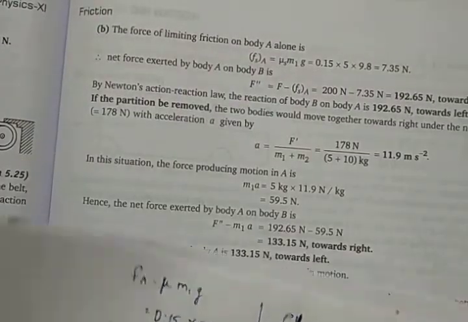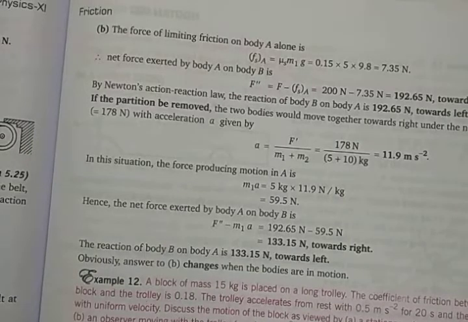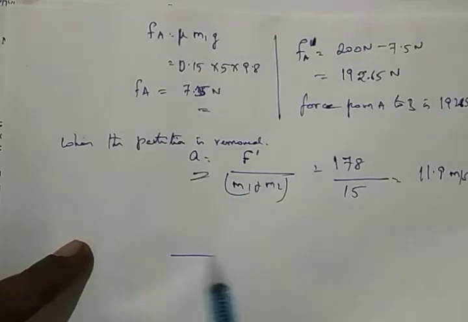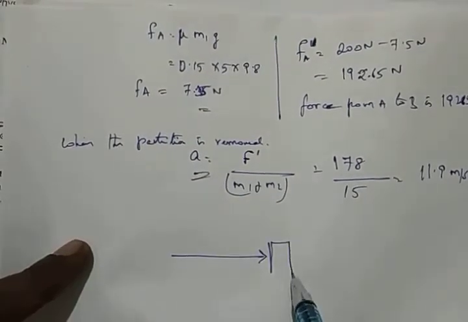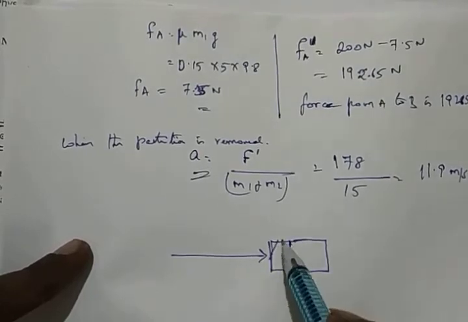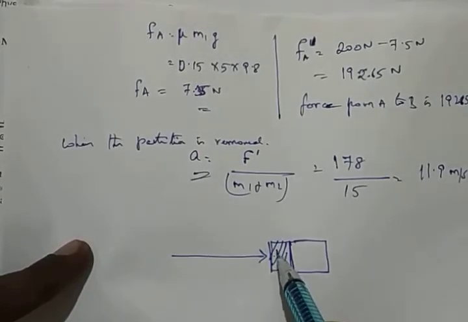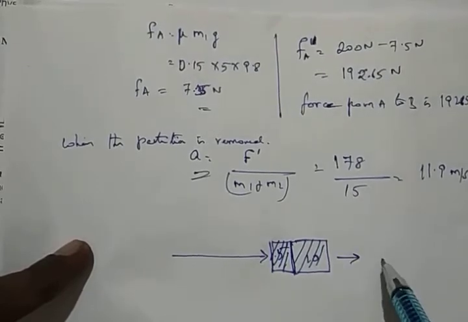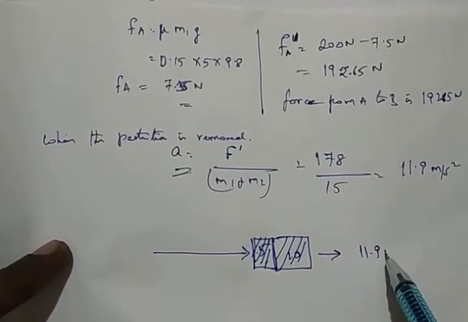You can also find out the force exerted between A and B when it is already moving like this. This is 5 kg and this is 10 kg, and it is already going with an acceleration of 11.9 meter per second square.